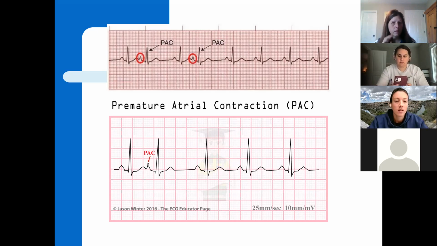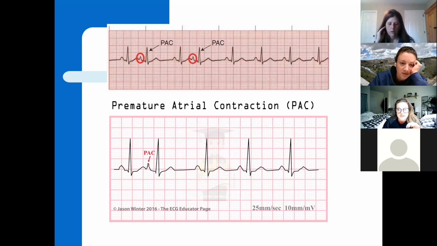The non-compensatory and the compensatory, is there a difference? Like, is one worse than the other, or is it just the measurement? Really, your causes, your treatments, and monitoring the patients are all going to be fairly similar.